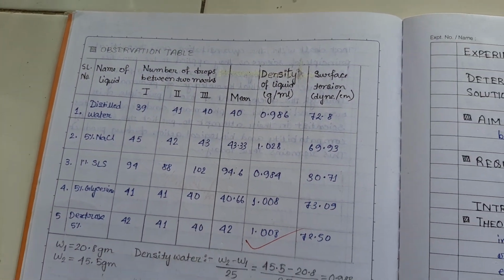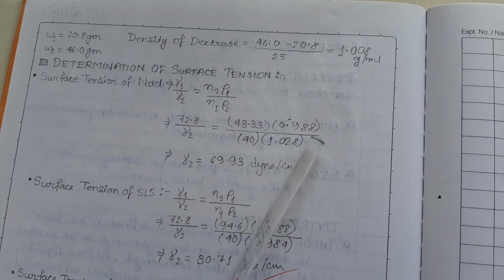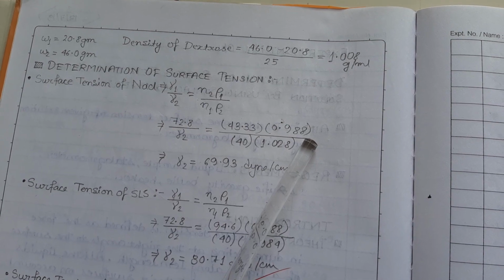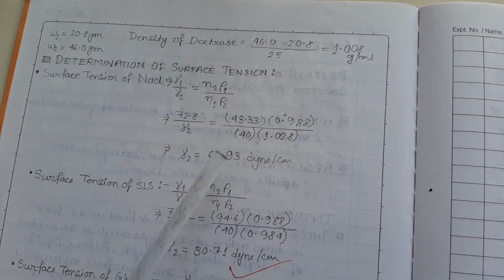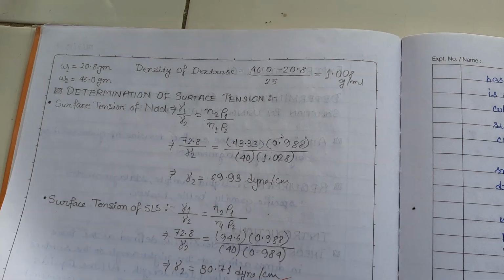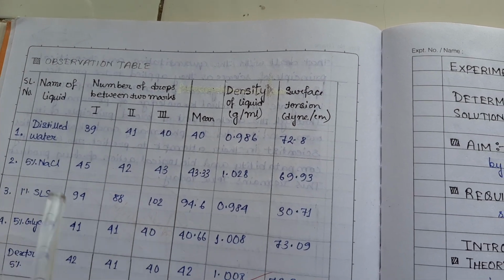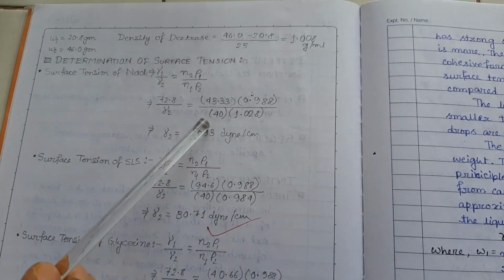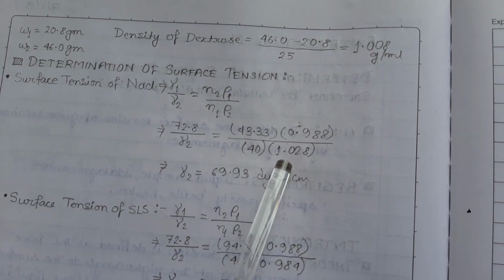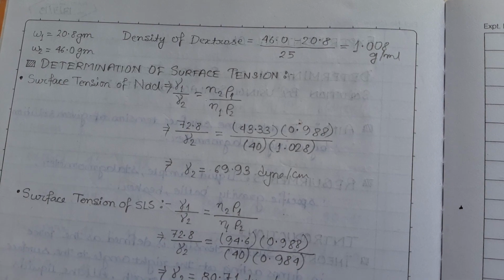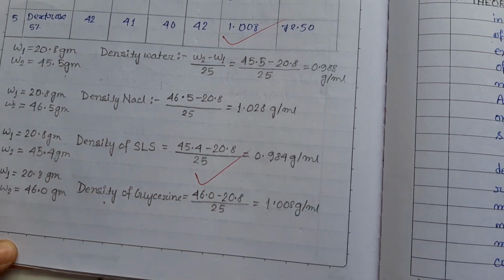N2, the number of drops of sodium chloride, is 43.33. Rho 1, the density of distilled water, is 0.988. N1, the number of drops of water, is 40, the mean number of drops for distilled water, into rho 2, the density of 5% sodium chloride, which we have already calculated as 1.028.